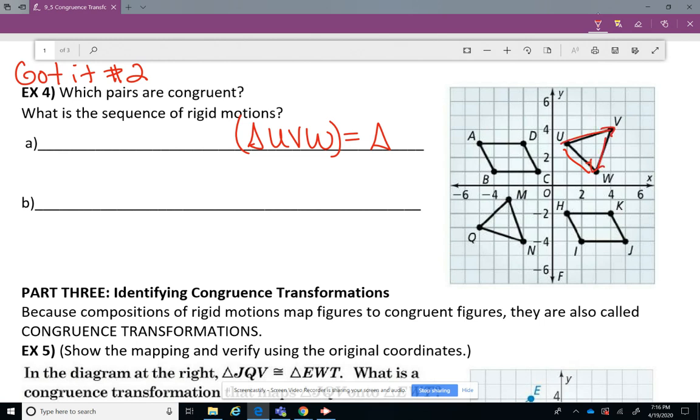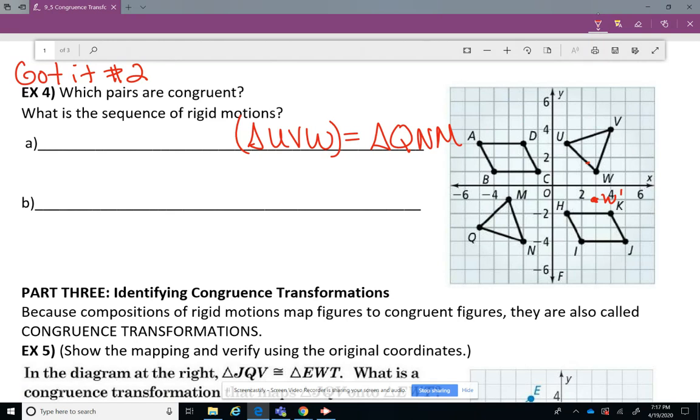UVW. We're going to do QNM, because it looks like it's an isosceles triangle to me a little bit. We don't know for sure though. QNM. All right, so let's see what we're going to do. If we reflect it over the x-axis, our W would become here, W prime.